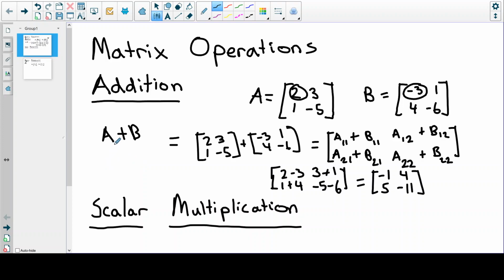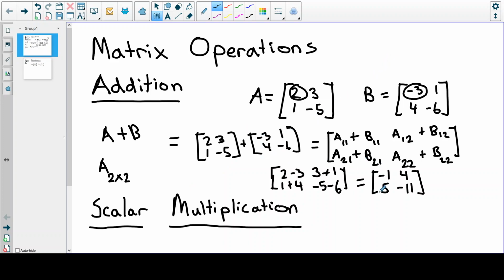So sometimes you'll see the notation A is 2, 2, which means it's a 2 by 2 matrix, or sometimes 2 times 2. Since B and A are the same dimension, you can add them.